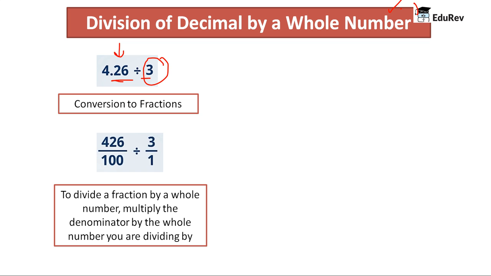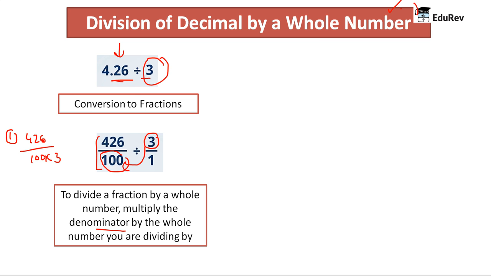The first method is to multiply the whole number into the denominator. To divide a fraction by a whole number, we need to multiply the denominator by the whole number. So 426 by 100 into 3.